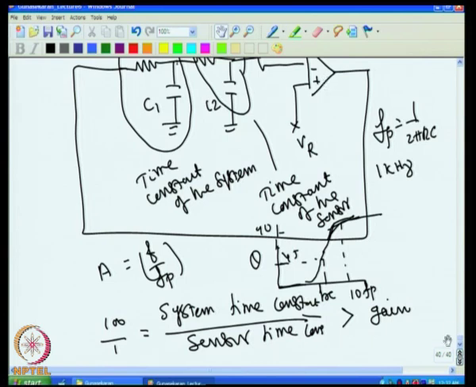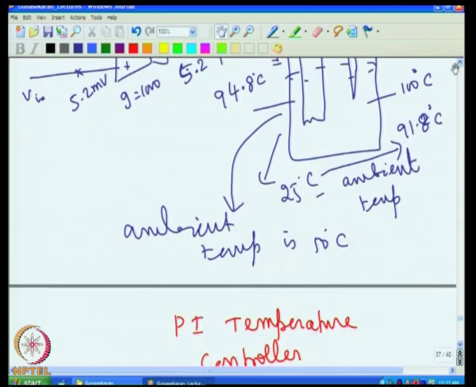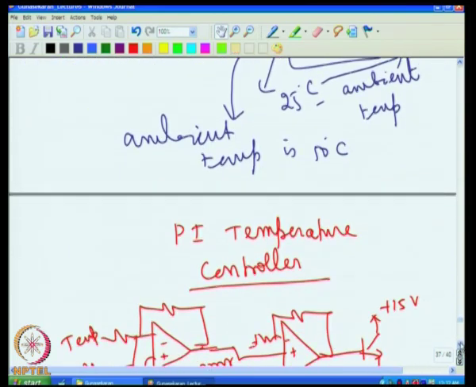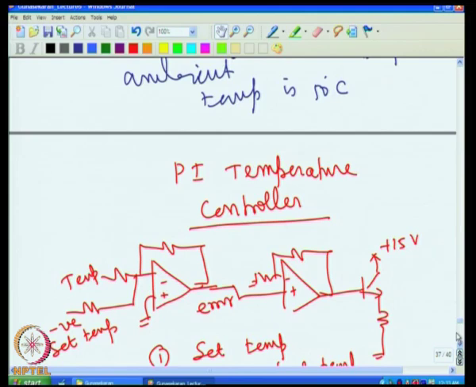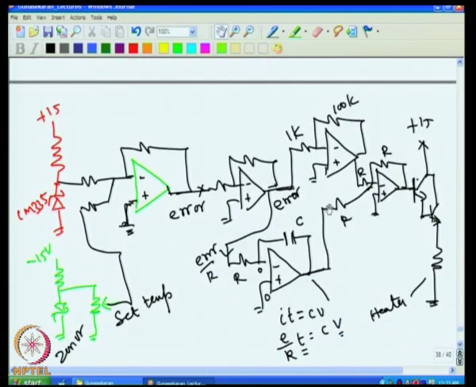So, in our PI control, what we have discussed just now, I have to set the gain here. What we have shown here is 100. This gain must be lower than 100, that 100 coming from the ratio between the system time constant and the sensor time constant, and if this gain is less than 100, then the system will not oscillate.